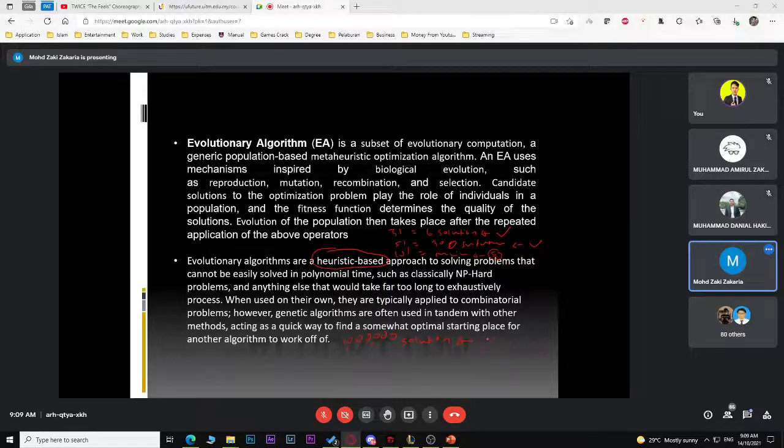It's not practical. So how do we solve this problem? So we introduce the heuristic base.